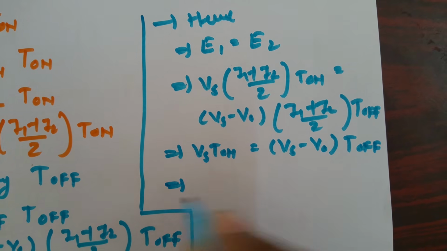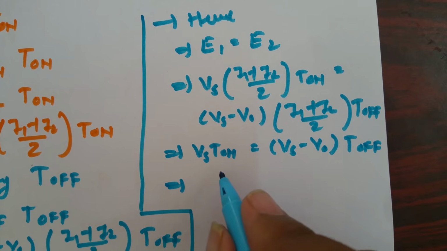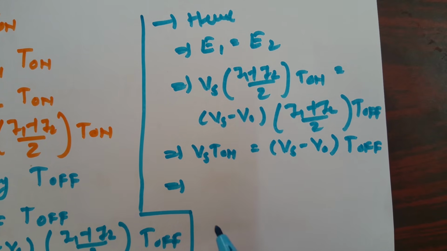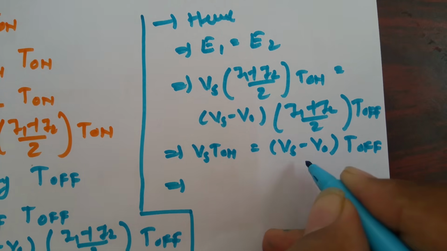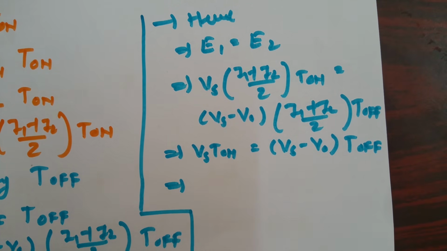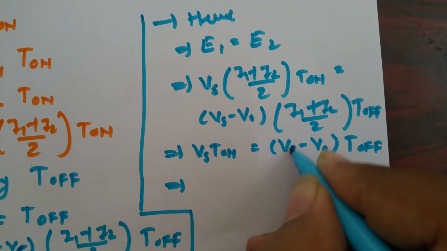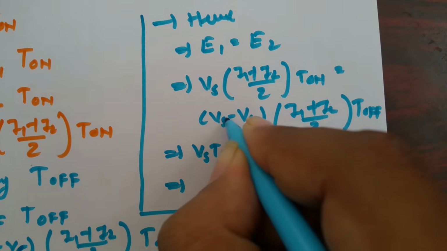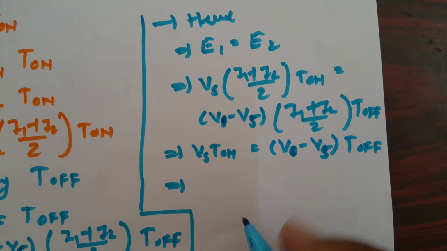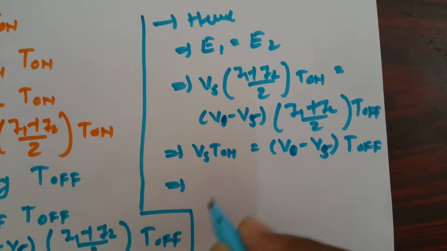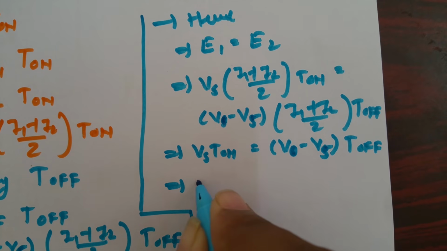Now let us keep V0 on one side and Vs on the other side. So it is V0 minus Vs, so take care of that. Take V0 on one side and Vs on the other side.